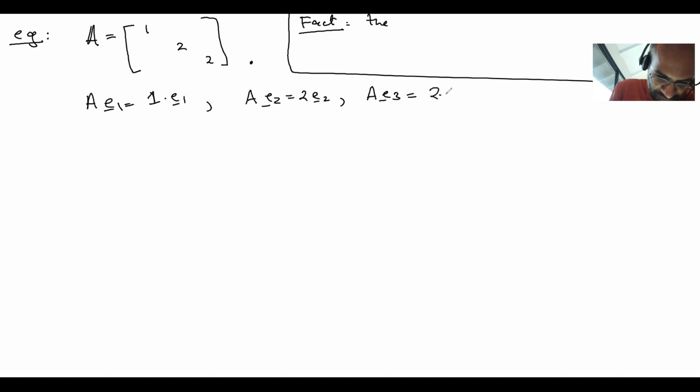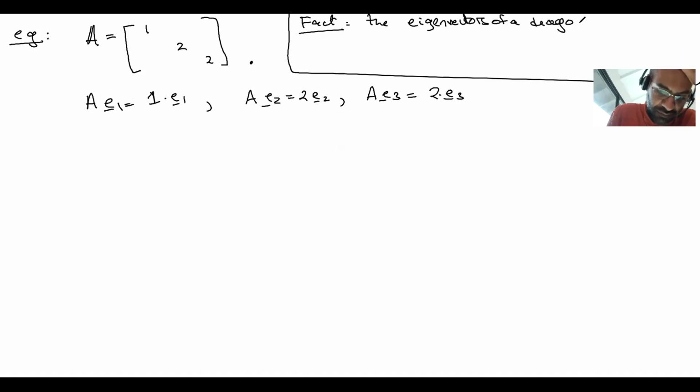That's 2 times E3. So the general fact here is that the eigenvectors of a diagonal matrix are just the standard basis, and the corresponding eigenvalues are the diagonal entries.